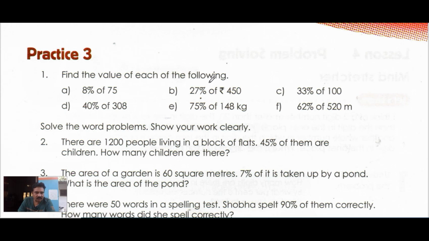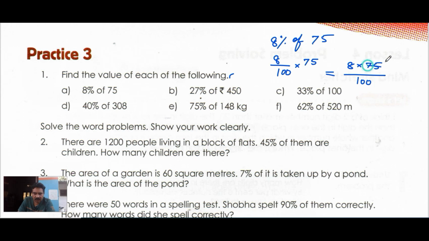Find the value of each of the following. 8% of 75. See, I'm doing here, it doesn't mean that you do as you like. Don't write the direct answers. You have to do the following steps, what all I'm doing here on the screen, right? 8% of 75. What do you mean by 8%? 8% means 8 by 100 of 75. Then what is going to be your next step? That is 8 into 75 by 100.